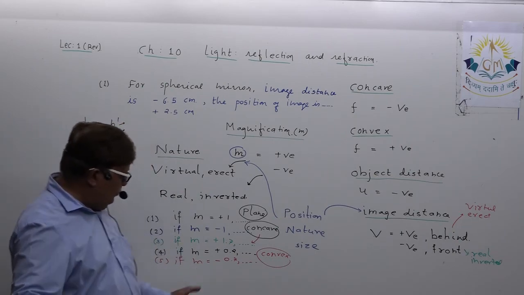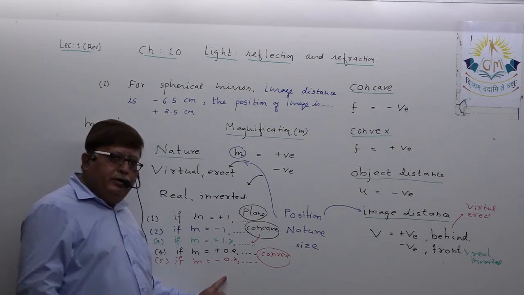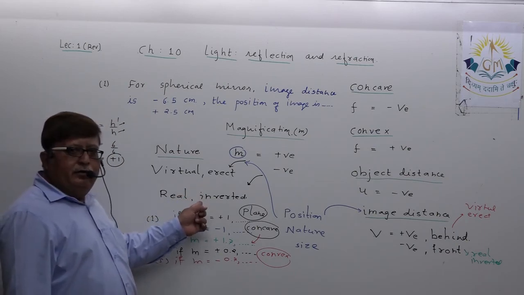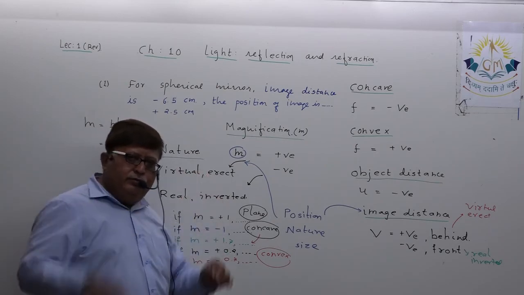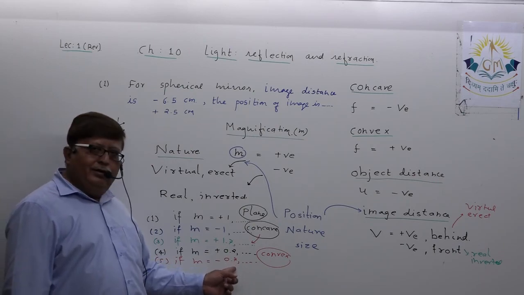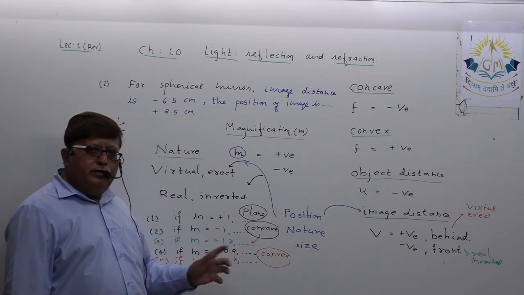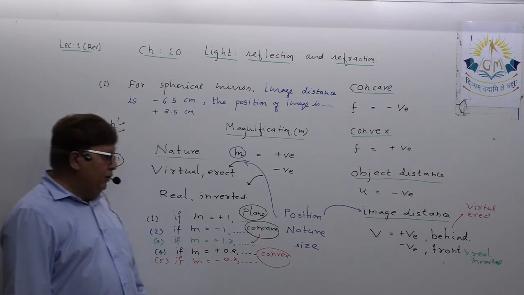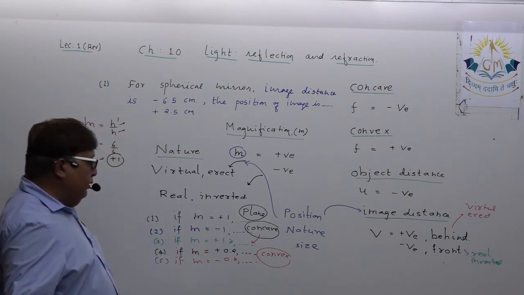Because the value of magnification is negative, that means negative means real inverted. This word needs to blink in your mind when you are conceptually stronger. Negative, real inverted, less than 1 smaller. Which mirror produces real inverted and smaller image? Concave mirror. Understand? This way, dear student, MCQs can be designed.